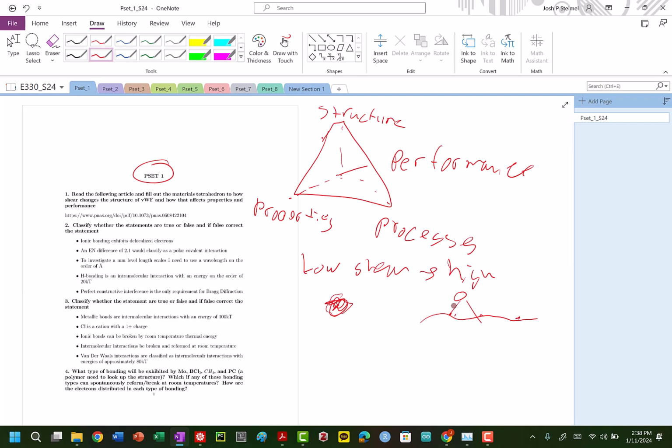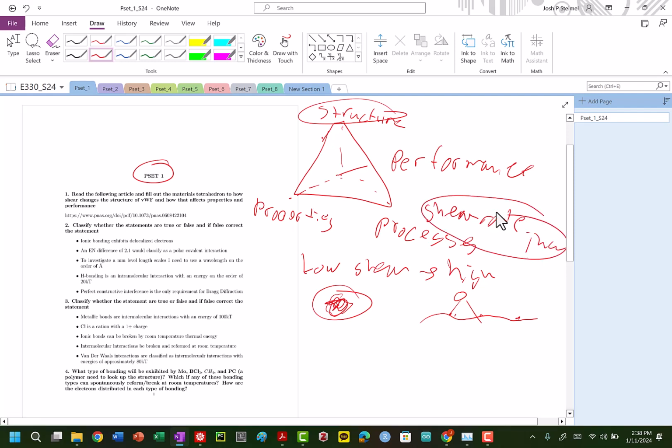If we look at the normal process, where we don't have defects in von Willebrand factor, what happens? Our structure at low shear rates is this globular form. Something happens where we're cut and our shear rate increases, and by the shear rate increasing, we change the structure.